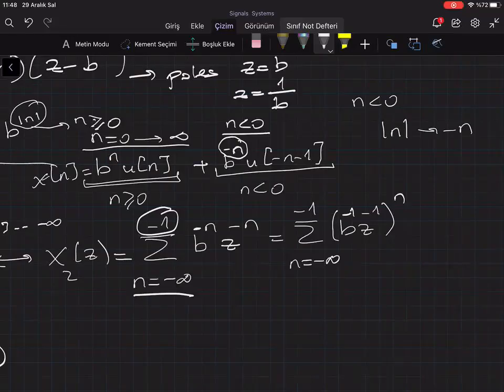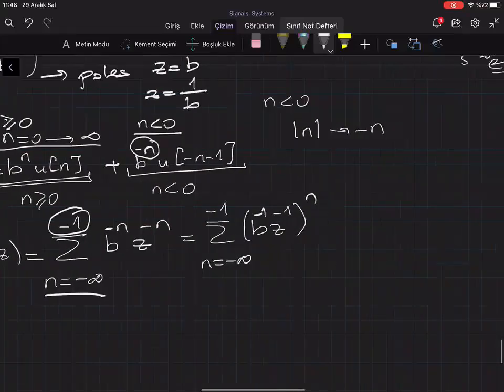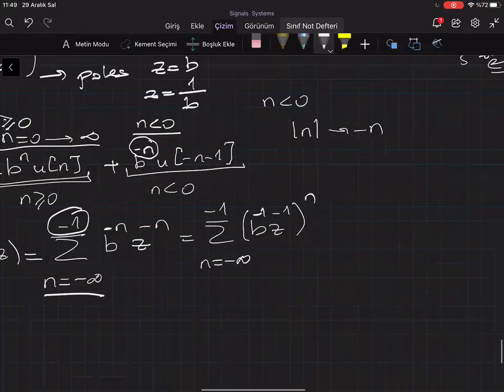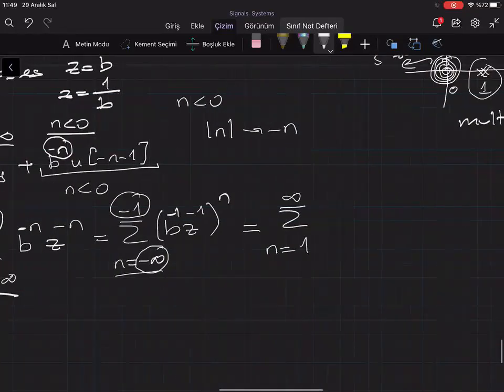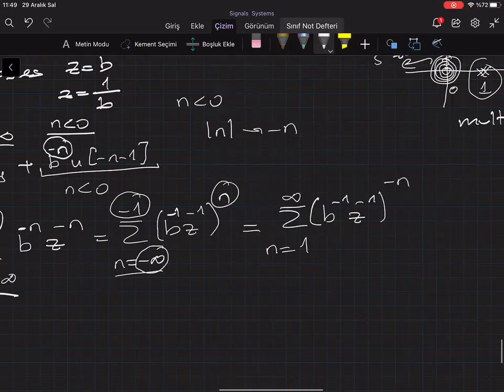Are you with me? So now what should I do? Again, I will do a shift from minus to plus. How do I do it? I write here instead of minus 1, 1, and instead of minus infinity, plus infinity. I change nothing in the parentheses, but I change this into minus n.